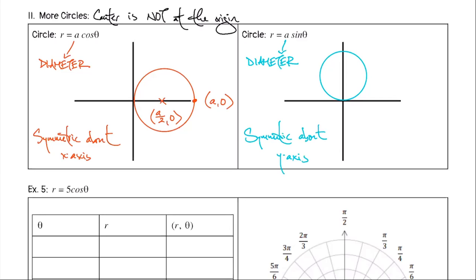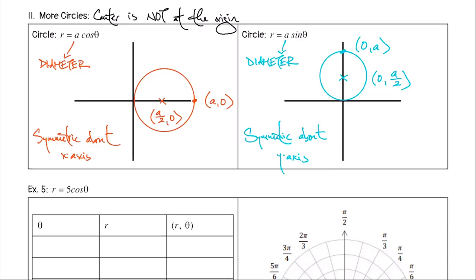Okay, and so we could label this top point as 0 comma a and the center as 0 comma half of a. I'll give you a moment to copy that down.